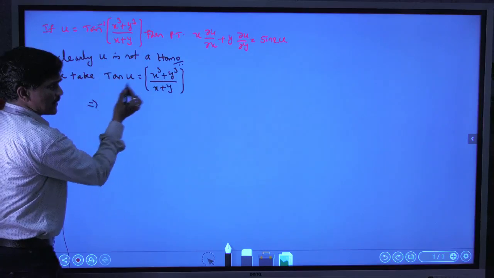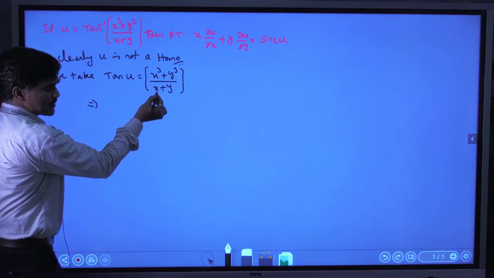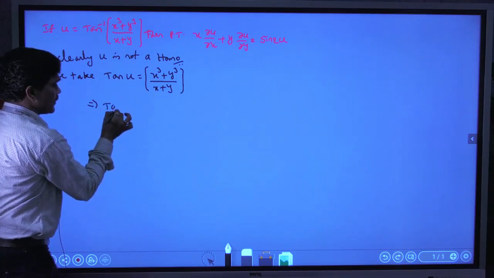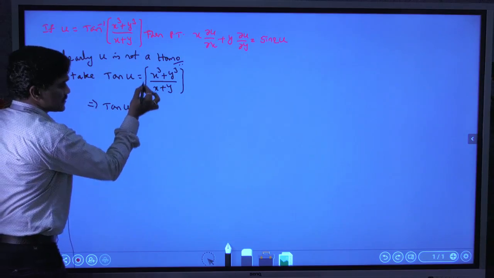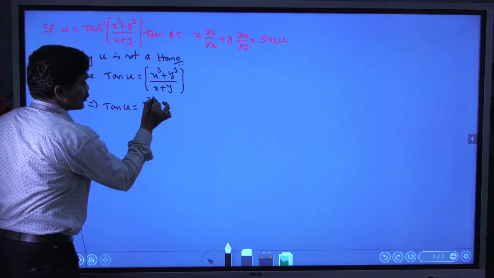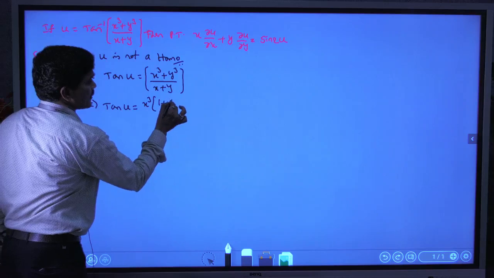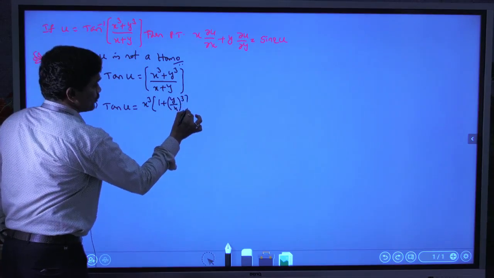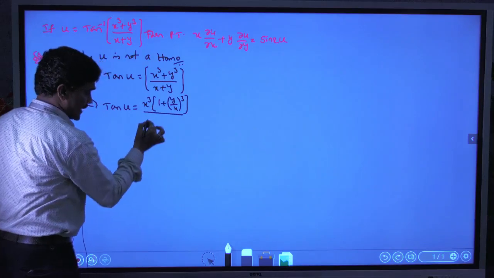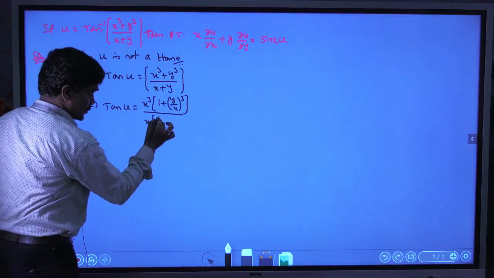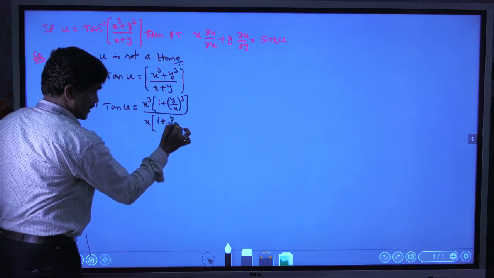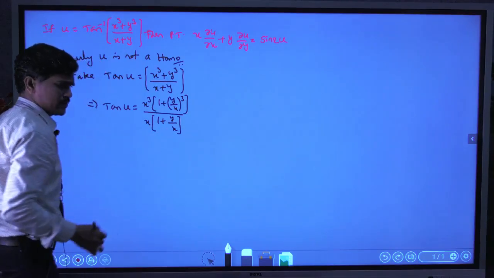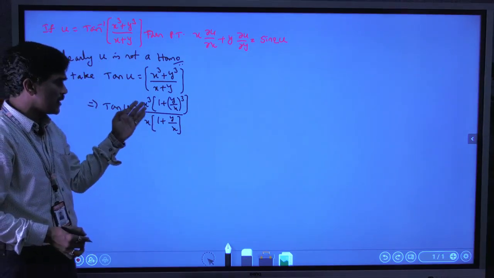Now take x³ common in the numerator. Tan u is x³ into (1 plus (y/x)³), divided by, in the denominator, take x common, so this is x into (1 plus y/x).